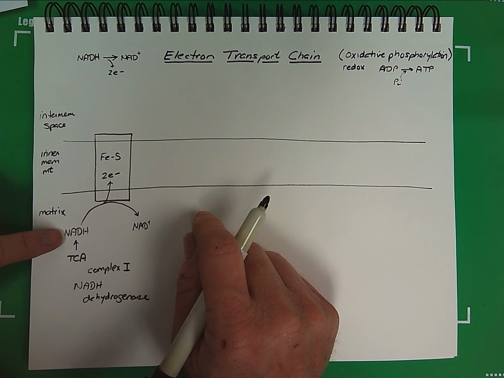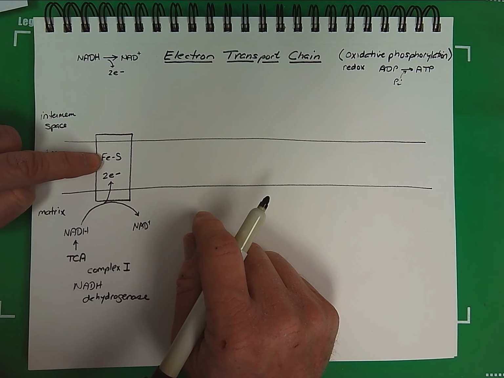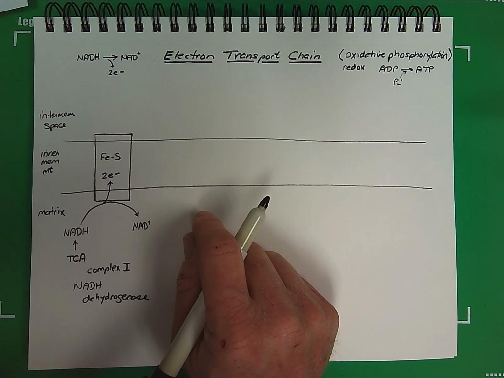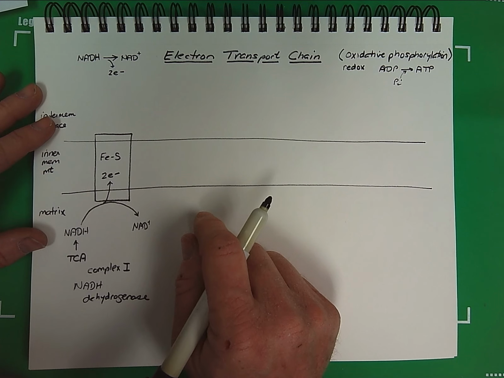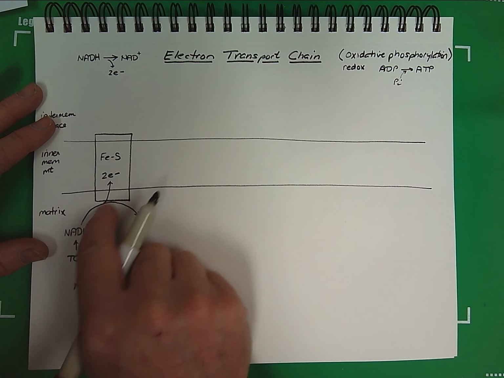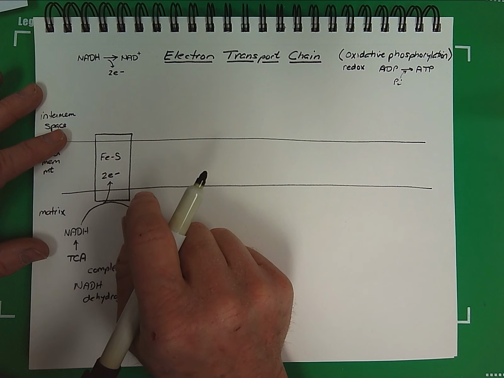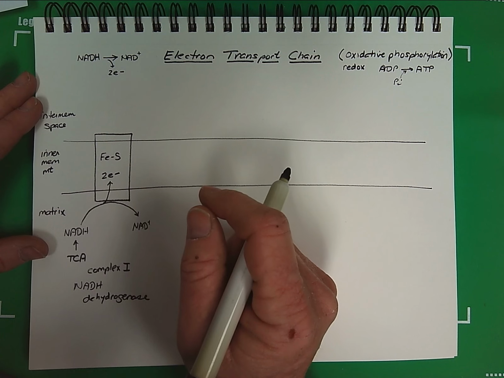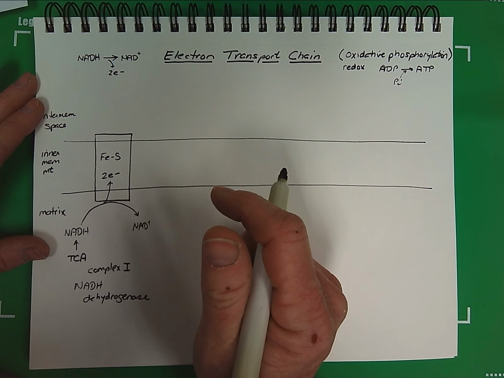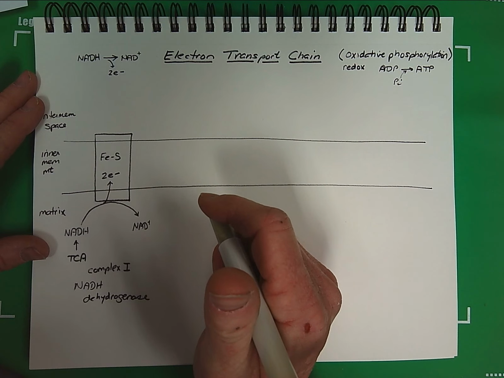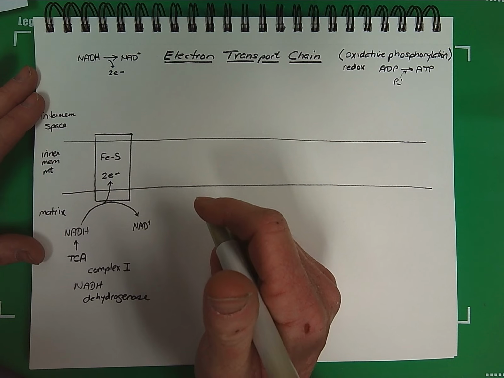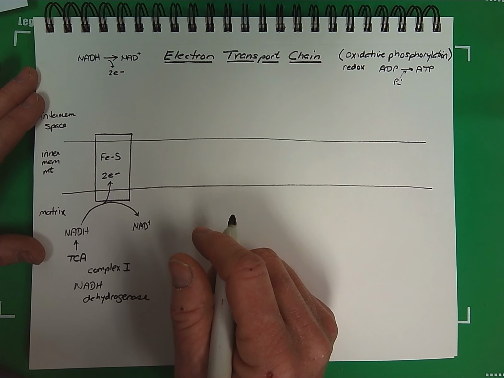So in this chemistry, we are oxidizing the NADH, and we are reducing the iron in these iron-sulfur complexes. Now, in doing so, this process of moving electrons is going to have energy associated with it. Now, this energy is going to be harnessed into performing work by the complex.